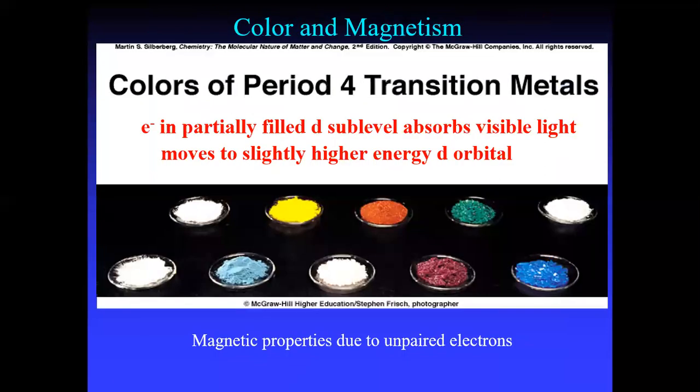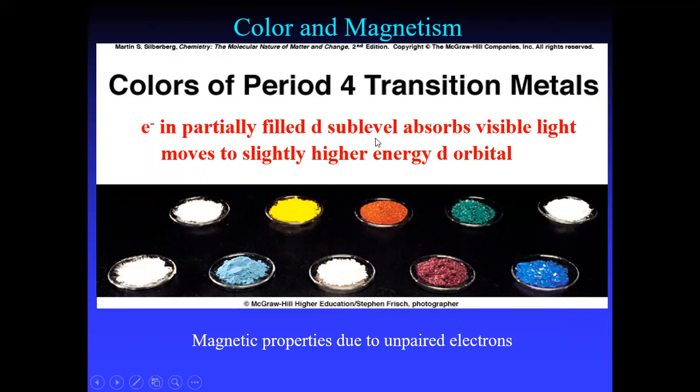Next, you can see the colors. They exhibit different colors, these transition elements. So why do we observe these colors? The reason for these colors, why only these transition elements, we can observe the color properly. The compounds of the d block elements are colored in the solid state and in the solution state.